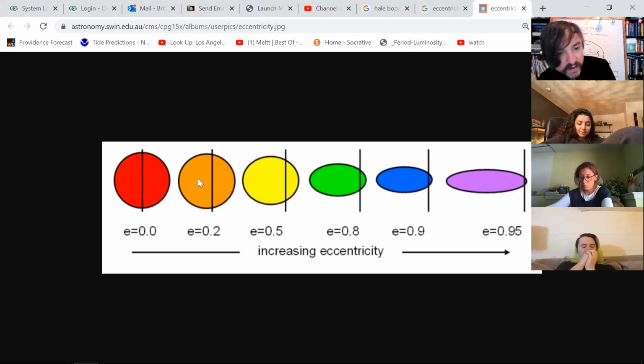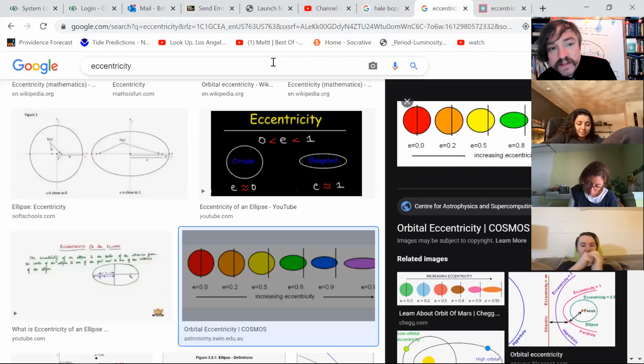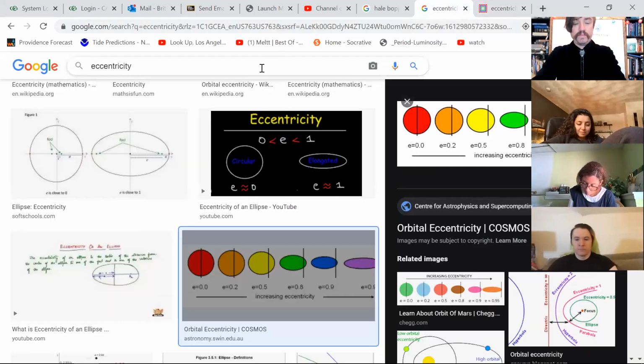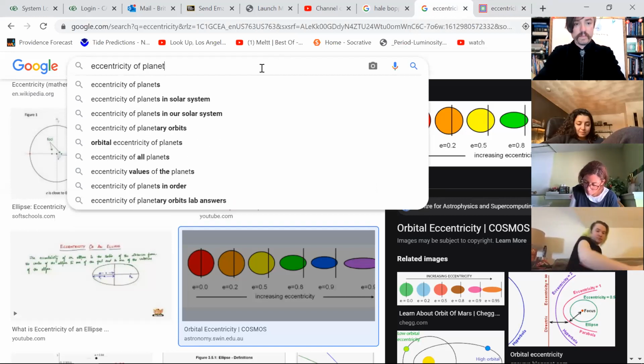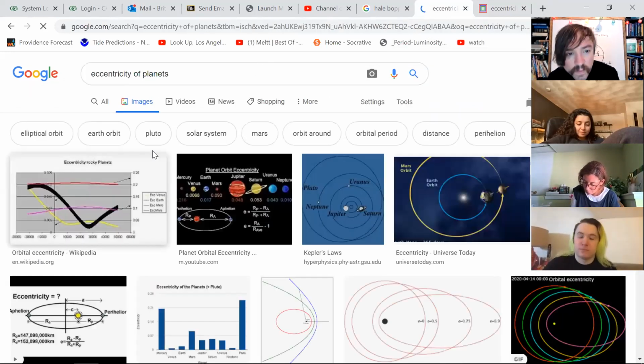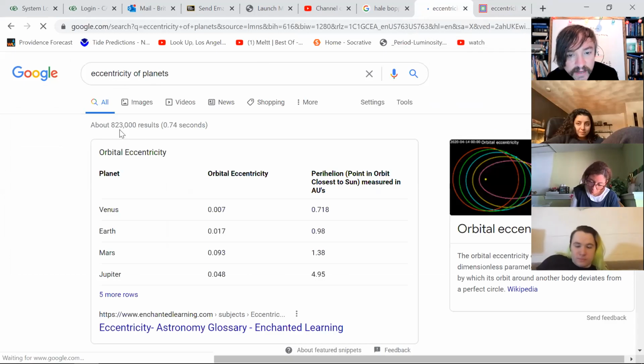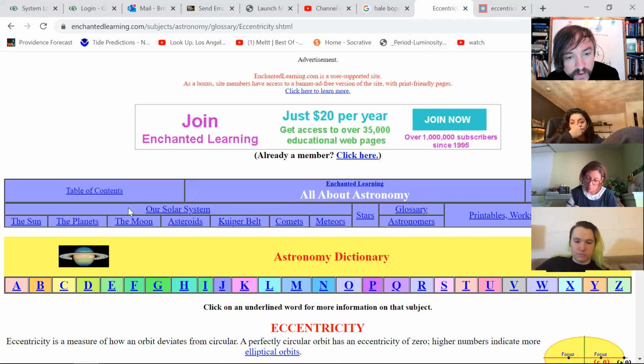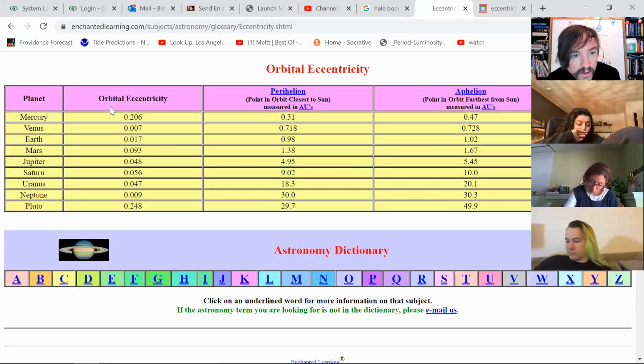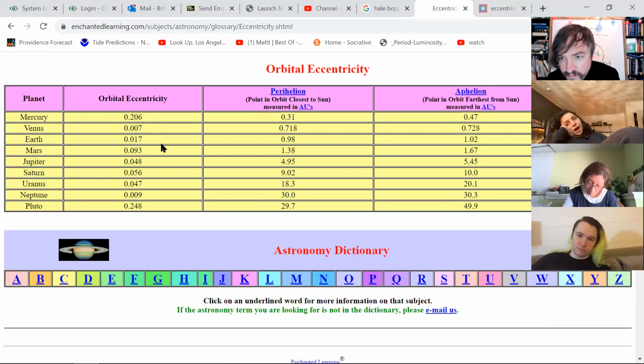Planets can have orbits with any type of eccentricity. But let's take a look at the eccentricities of the orbits in our solar system. And we're going to just look for a data table here. You guys can see my screen right now, correct?